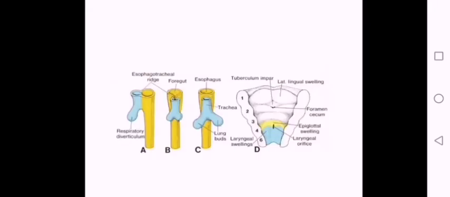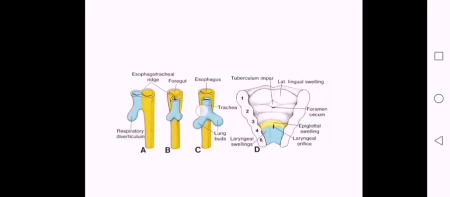As we can see, this is the laryngotracheal groove, and the primordium of the tracheobronchial tree appears as an outgrowth around this slit, just caudal to the 4th pair of the pharyngeal arches.